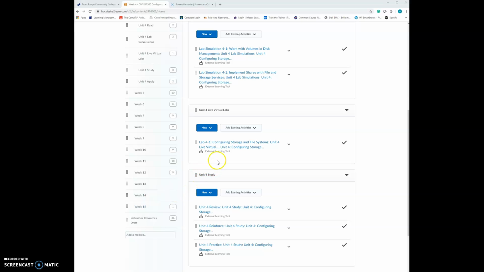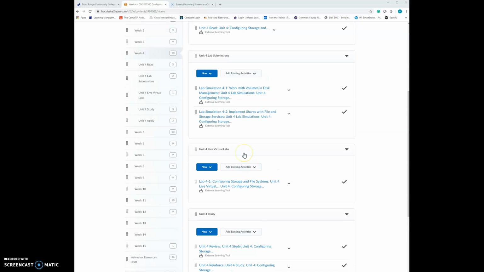Maybe you really like this configuring storage unit and decide to make your portfolio project about how you did disk volumes, how you did shares, how you did network shares. Network shares are a huge thing in servers.